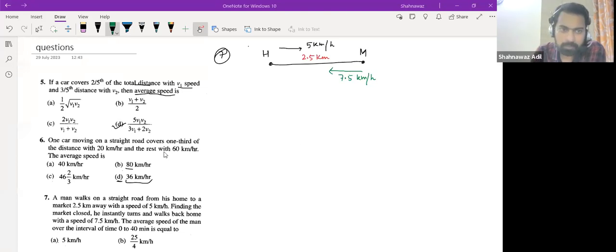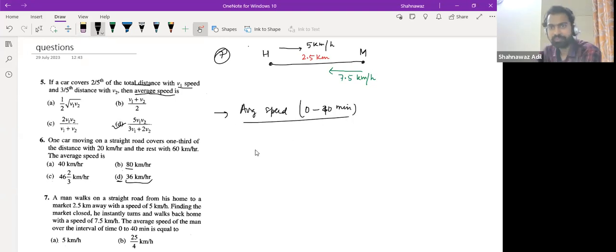Yeah, where were we? Now we have to find the average speed of the man over the interval of time 0 to 40 minutes. So let's say we have to find average speed from 0 to 40 minutes. So what is given?